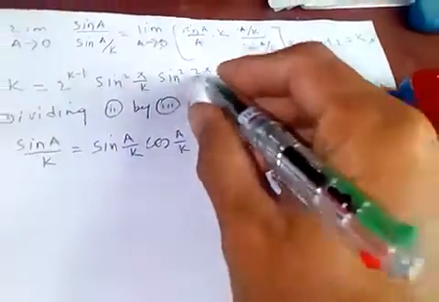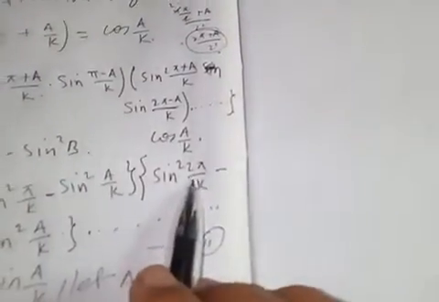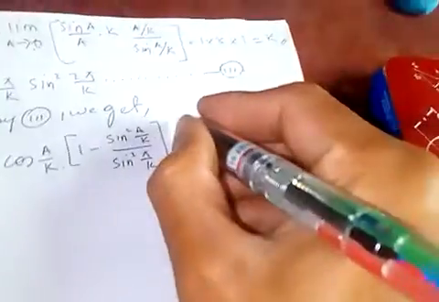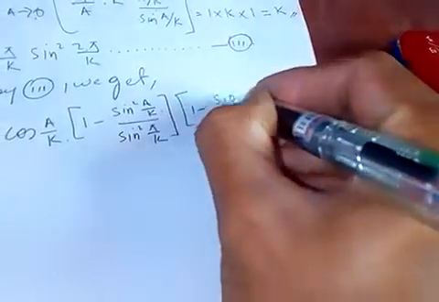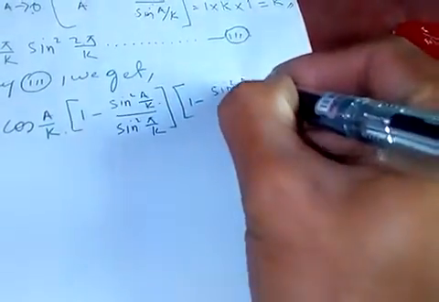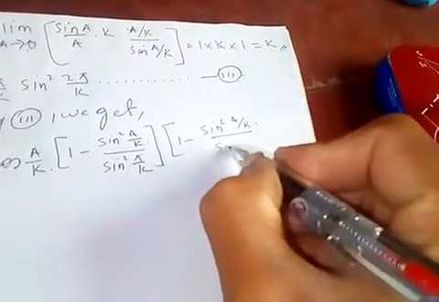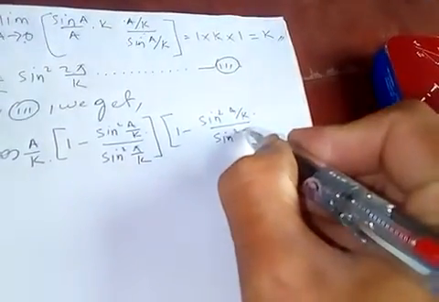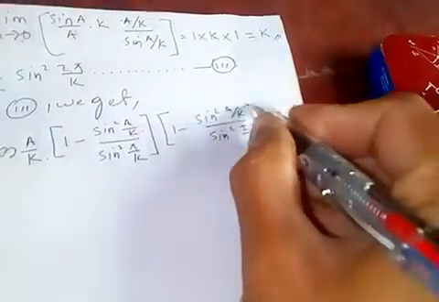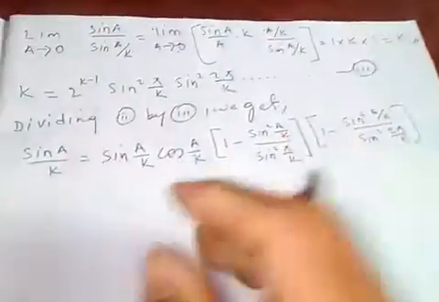This one will come here again as 1 minus sine square a over k divided by sine square 2 pi over k, and so on.